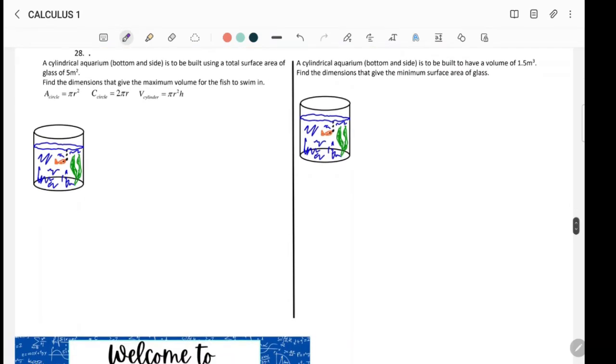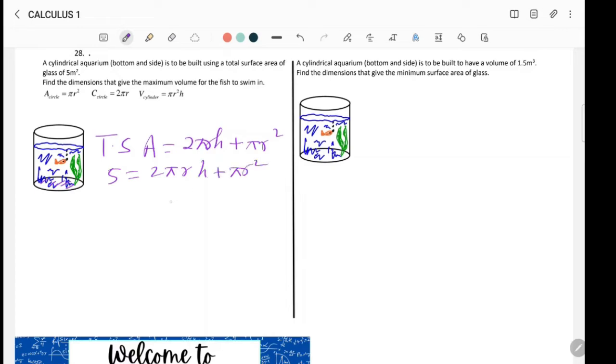Cylindrical aquarium. Total surface area is given, right? So curved surface area is 2 pi r h and bottom circle is pi r square, and that is 5: 2 pi r h plus pi r square.